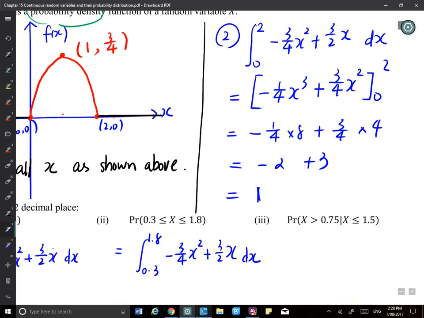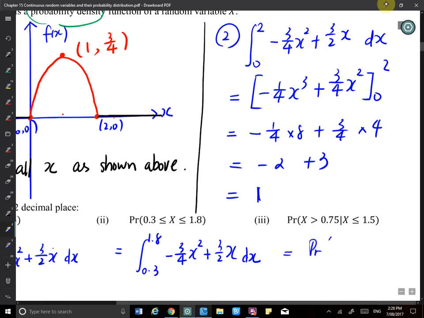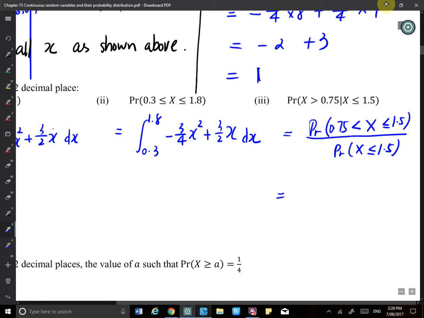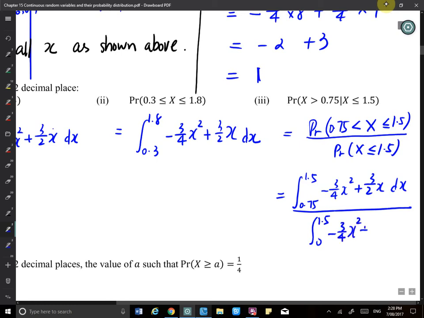How about this one? This one is the intersection between that and that, over the probability X less than or equal to 1.5. So that will give you the integral from 0.75 to 1.5, which is all good for that function here, divided by the integral from 0 to 1.5 of that here.